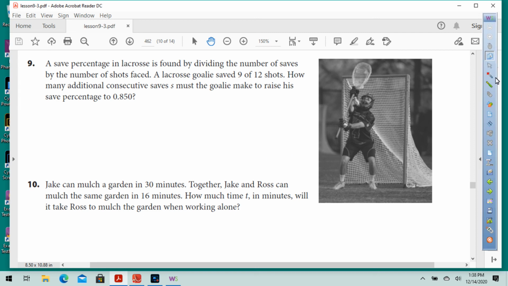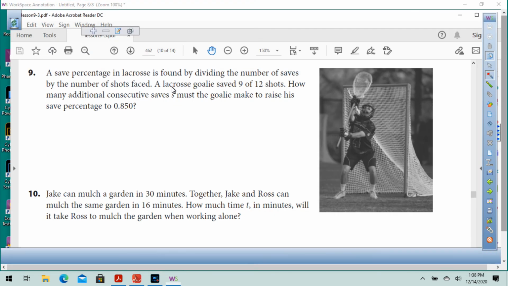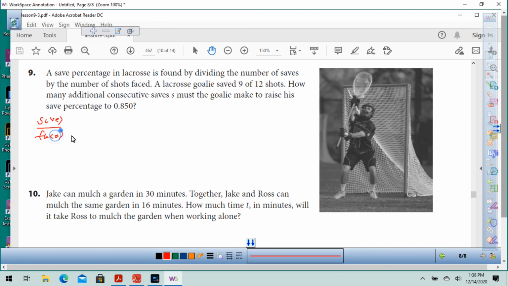So let's see what we got. A lacrosse goalie, 9 of 12. By dividing the number of saves by the number of shots faced. So saves divided by faced. Okay, so what do we got? Saves, we got 9 plus S over 12 plus S, and we want it to equal 0.85.